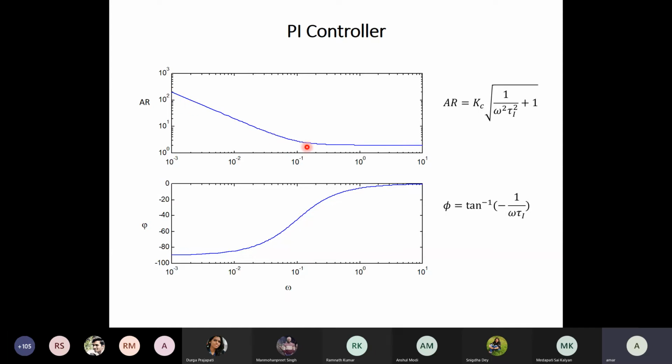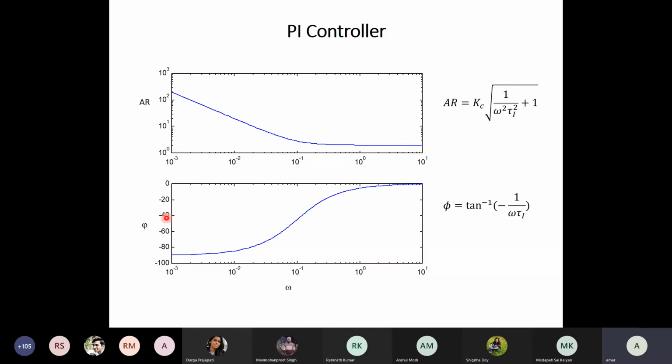If you compare it with a first order system, the Bode plot is something like this, whereas for a PI controller it's reverse. Your slope starts initially and then it reaches some steady state values.